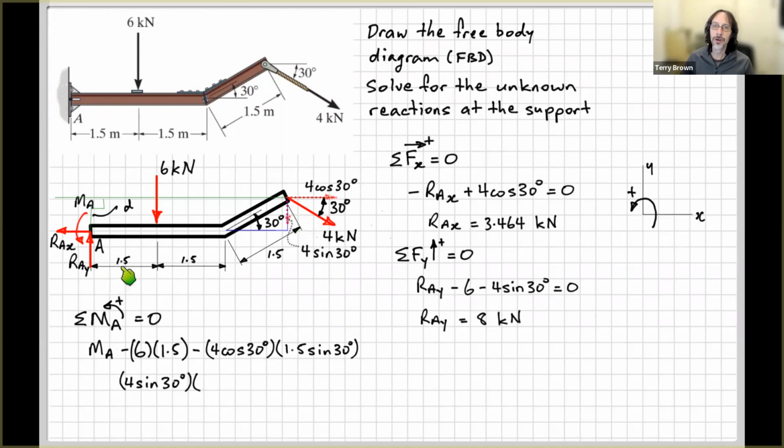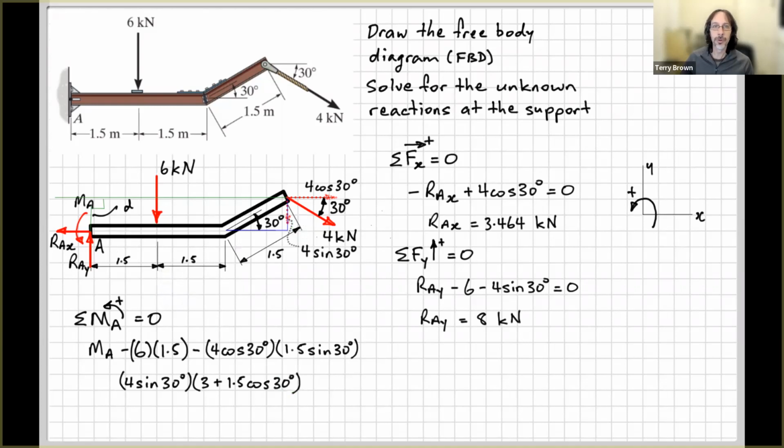It'll be 1.5 plus 1.5 plus the bottom edge of this right angle triangle here. So that's the adjacent side to the 30 degrees, so that'll be 1.5 cos 30. So the total perpendicular distance of this vertical component from point A is 3 plus 1.5 cos 30.